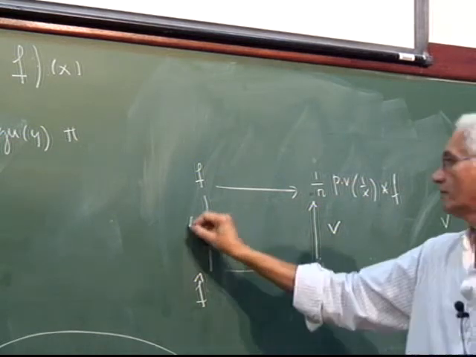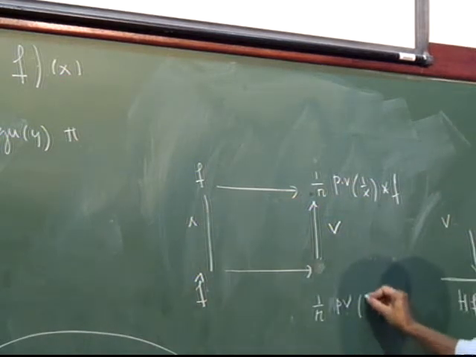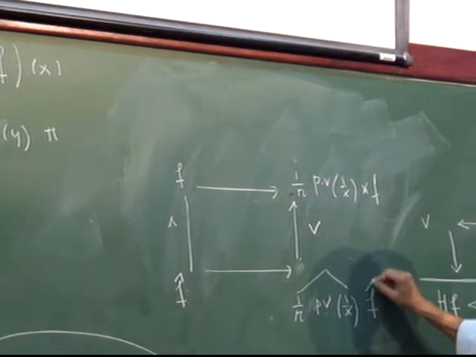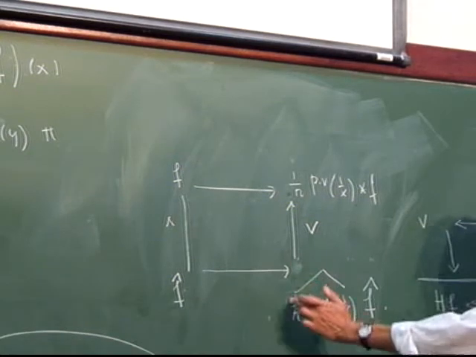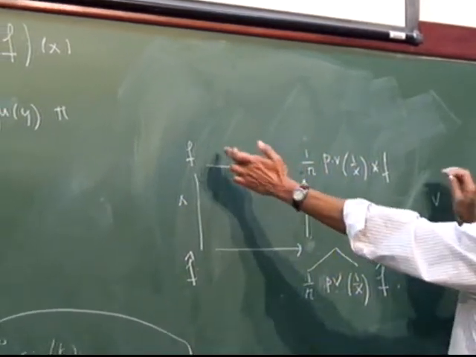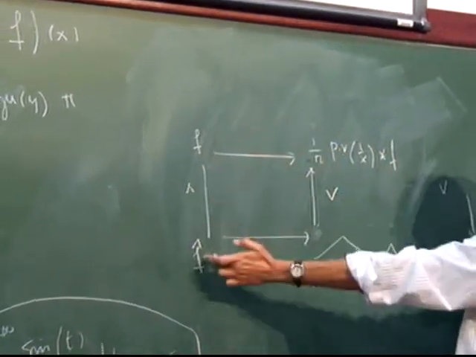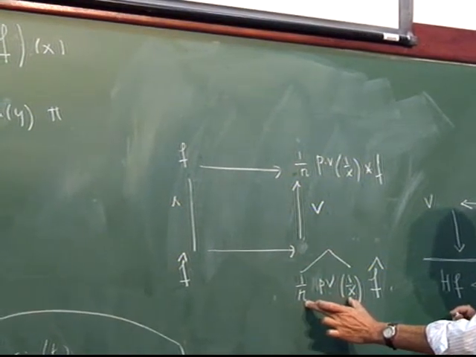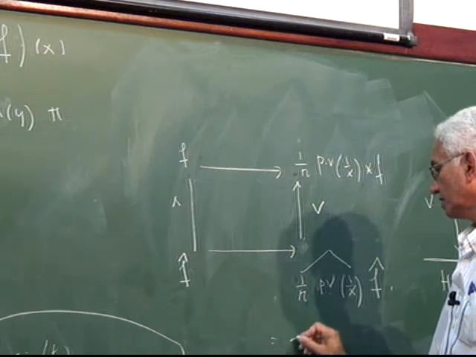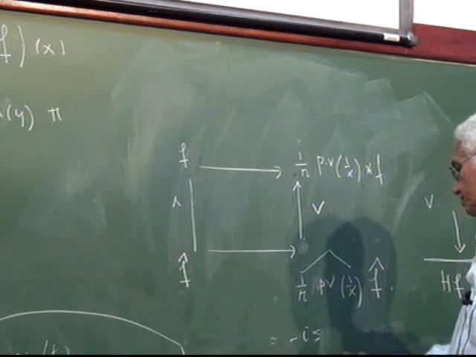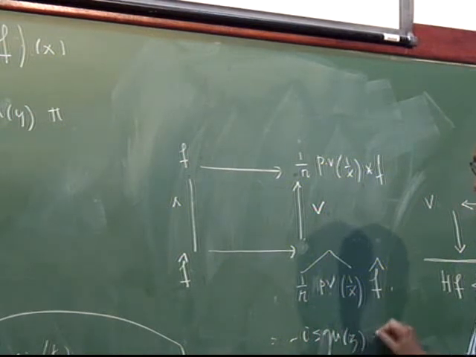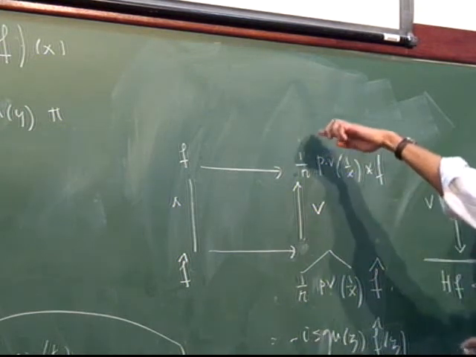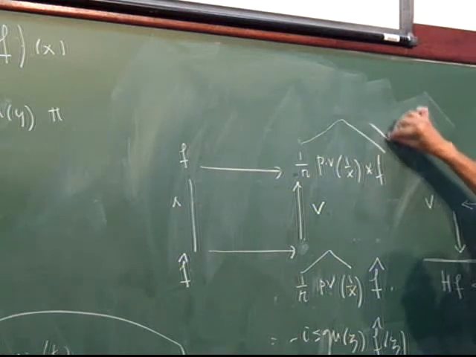this is the Fourier transform, this is the inverse Fourier transform, this is one. If instead of taking convolution from here to here, you take the Fourier transform, you multiply by the Fourier transform of this, that is minus i sign of xi, and you go back, you are doing exactly the same business, because if you take the Fourier transform and the inverse, you are not doing anything.